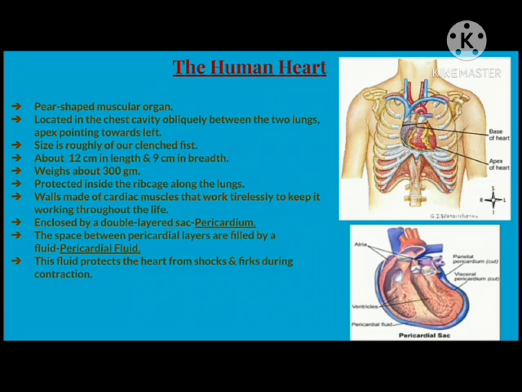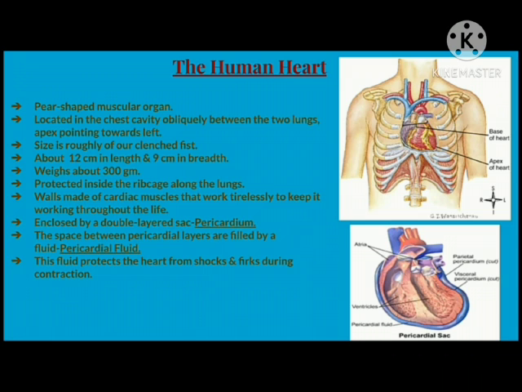When you close your fist, the size of your fist is the same as the size of your heart. Lengthwise it is 12 centimeters in length and 9 centimeters in breadth, and the weight of the heart is about 300 grams, right? And it is protected by the rib cage along with the lungs. Lungs and heart both are vital organs which are protected by the rib cage.